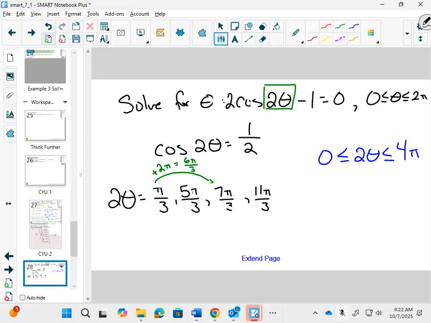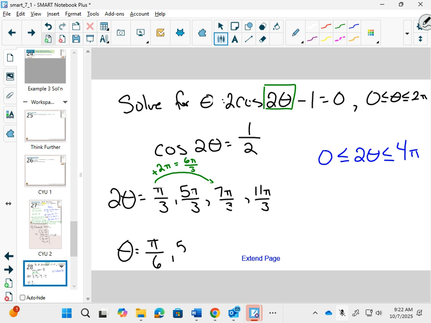Now that you've solved for 2 theta over its domain, divide everything by 2. Dividing by 2 is the same as multiplying by a half. So dividing pi over 3 by 2 is like multiplying by a half, which would just multiply your denominator by 2. You'd get pi over 6.